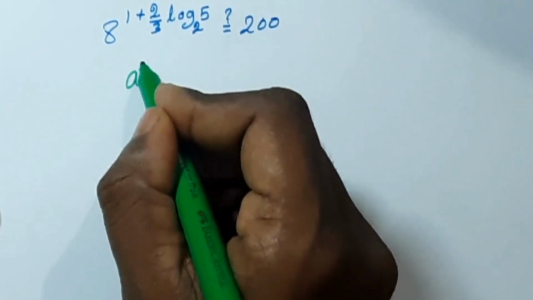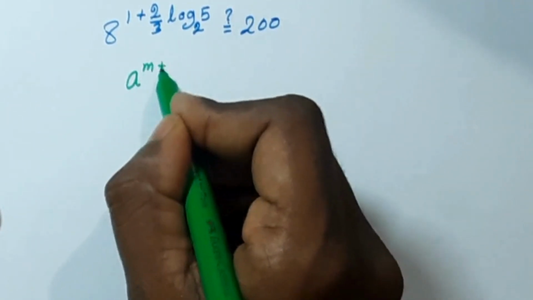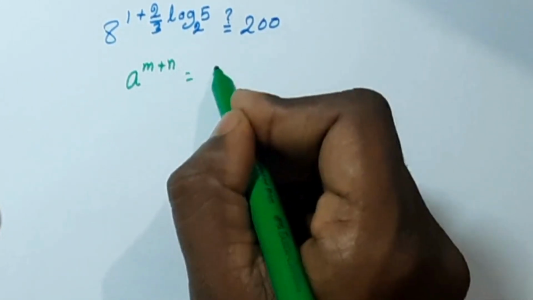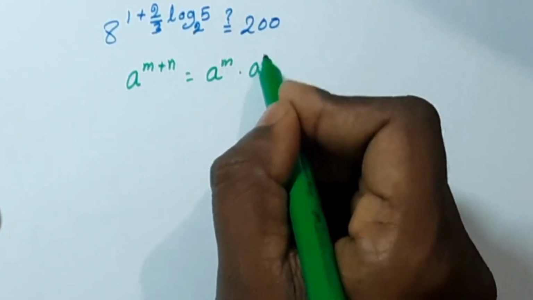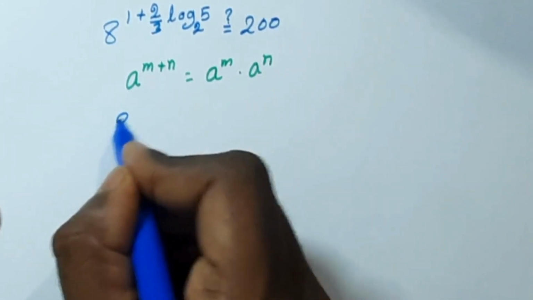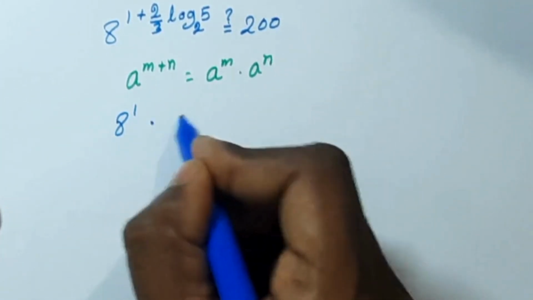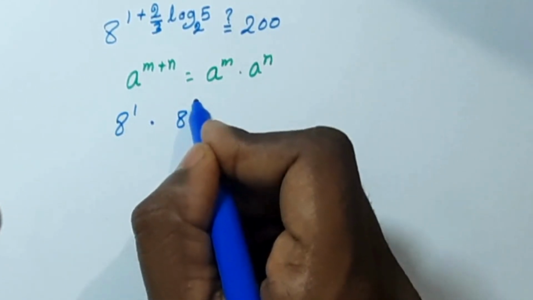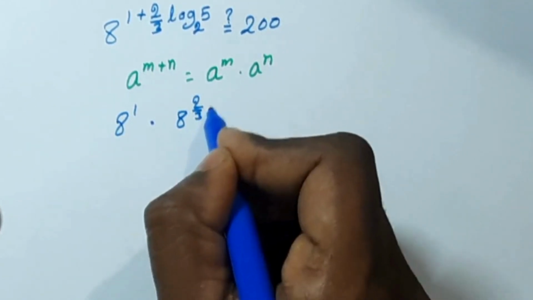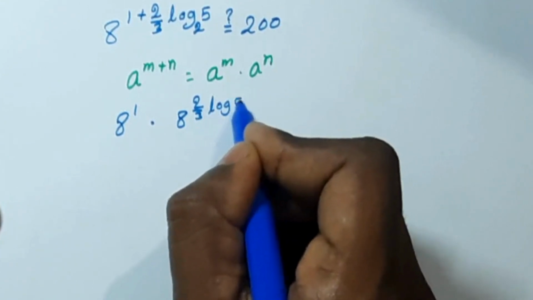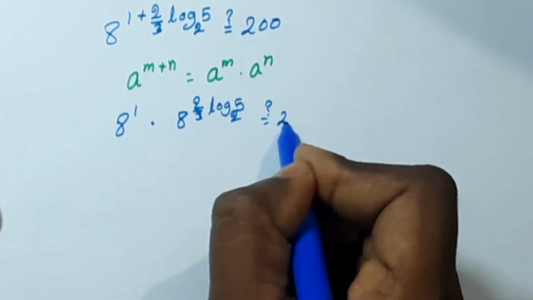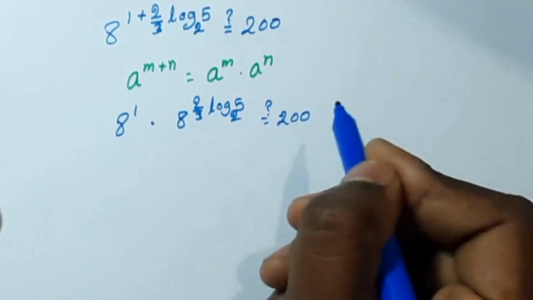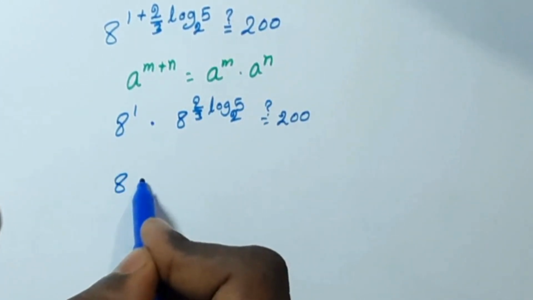As per this formula, a^(m+n) = a^m × a^n. 8^1 times 8^((2/3) log 5 base 2) = 200.